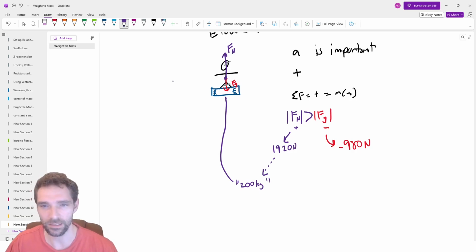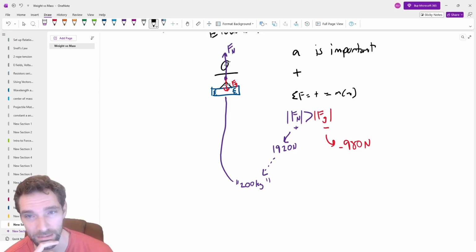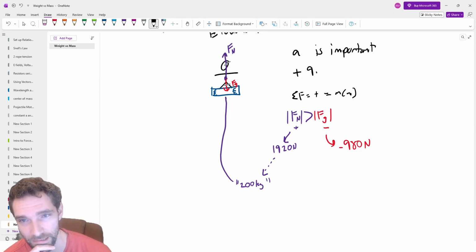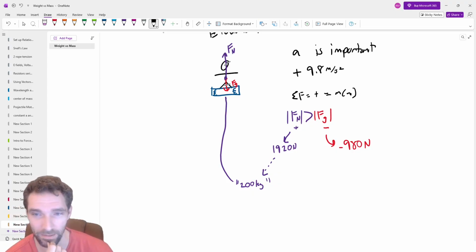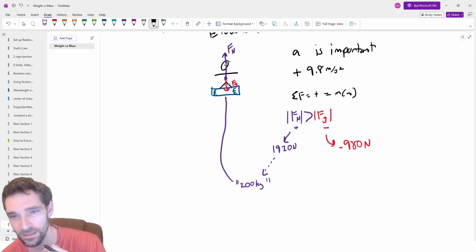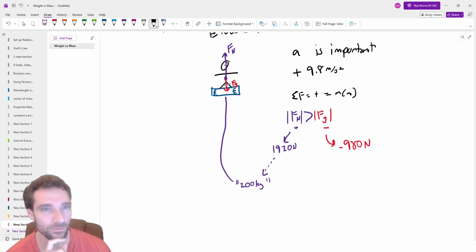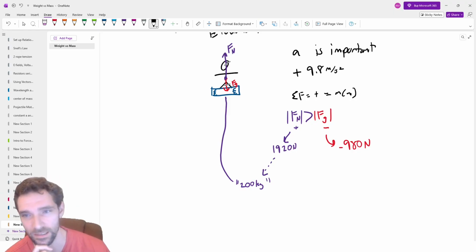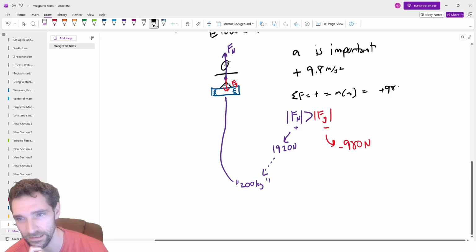So if we are thinking about this, maybe I'm in this situation where I am accelerating at a positive 9.8 meters per second squared. And that's going to be like moving upward with the same acceleration, because the sum of forces in this situation is a positive 980 newtons.